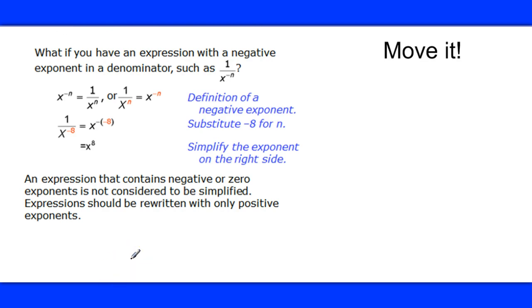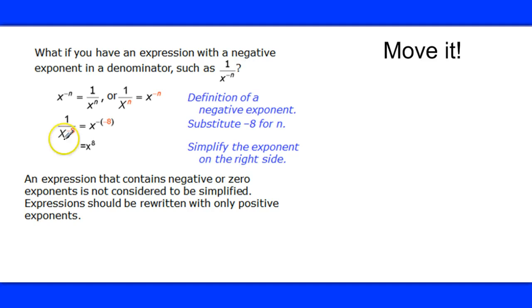All right. So we know that x to the negative n power is the same as 1 over x to the n, or the reverse of that is true. If you have a base in the denominator with an exponent, you can actually bring it up to the top by putting a negative exponent. But what happens when the negative exponent is down here? It's very simple. You move it. If it's on the top and it has a negative exponent, it goes down to the bottom of the fraction.